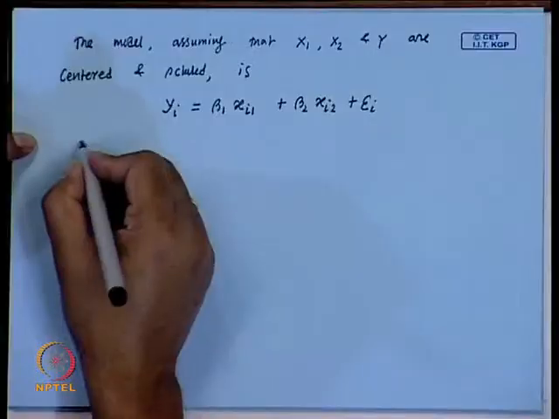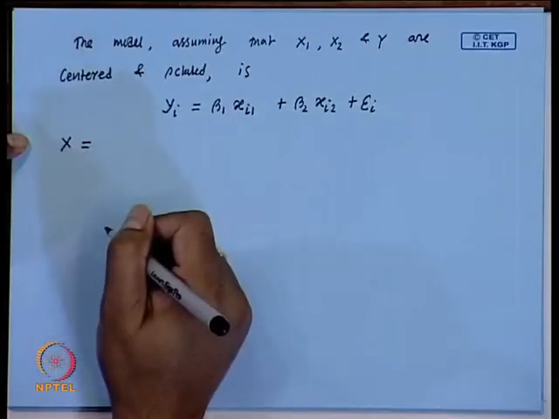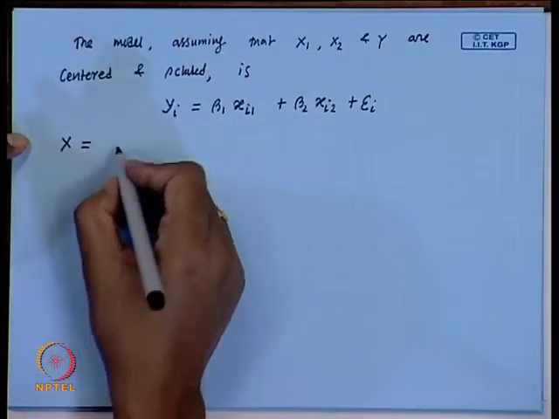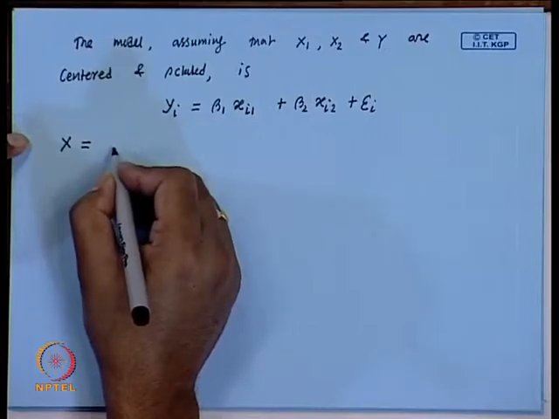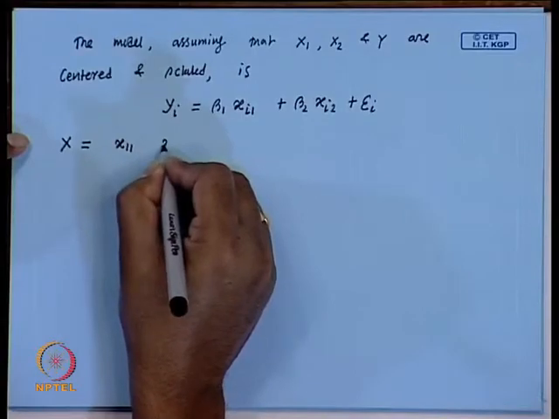Well, now next we will write down the X matrix for this model. So, the X matrix is basically x_11, x_12, x_21, x_22, and x_n1, x_n2.